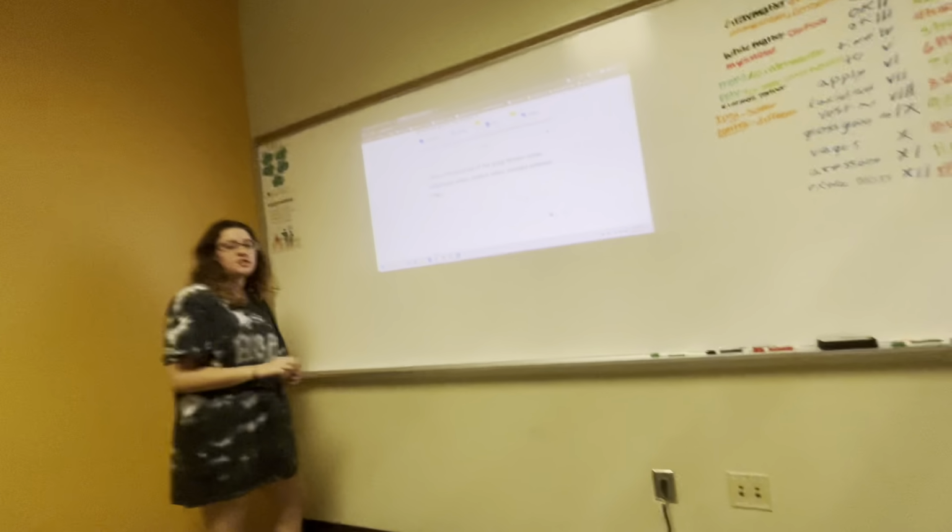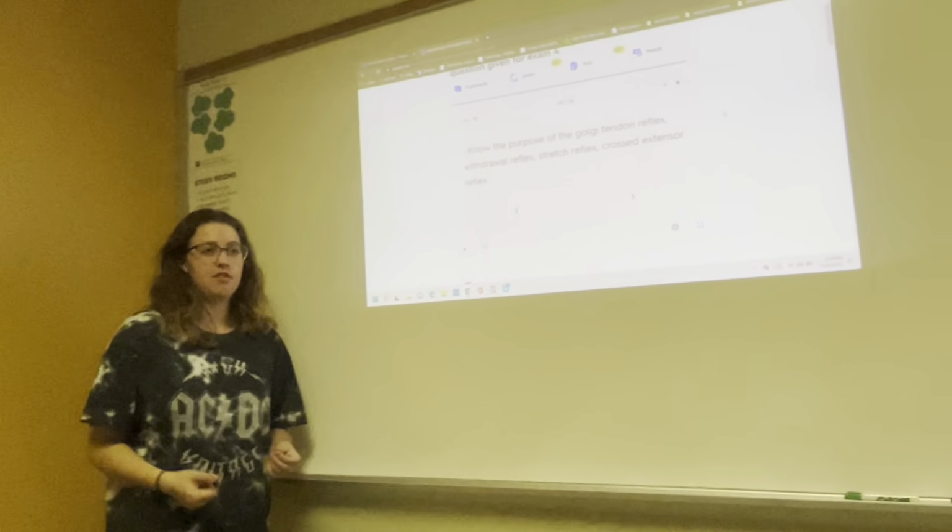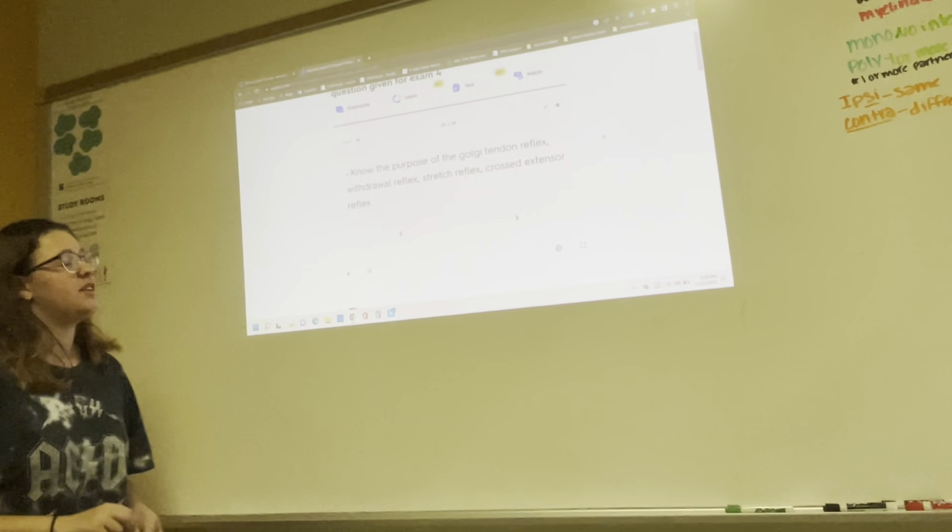Oh, so it wants to contract. Yeah, while the other one, the Golgi tendon reflex, wants to relax. Yes, it's going to regulate the length of your muscle as well. Oh, okay. So it's going to make sure that you don't injure yourself. Yes.